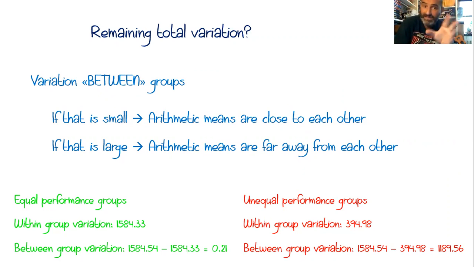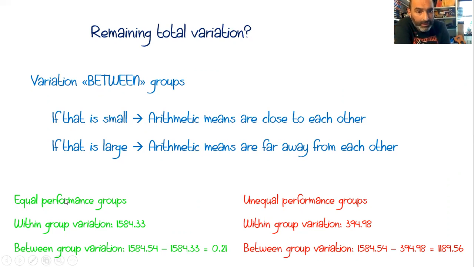In the first case, the green case, all the arithmetic means are very close: 100.04, 100.07, 100.08. So you have very small between group variation. In the other one, 98, 100, or close to 102, there's distance between them. That's also a factor. That's why you're analyzing the variance.